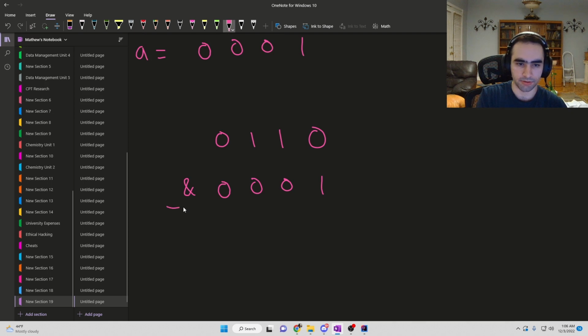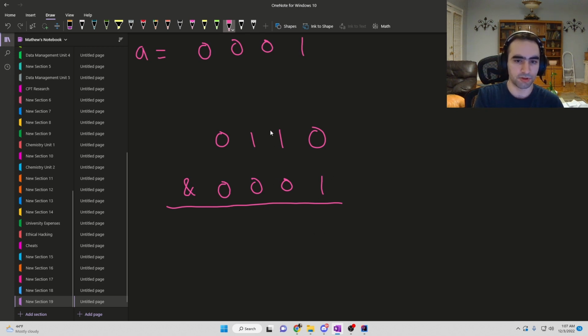So these two numbers, when we AND them, what do we get? If you're unfamiliar with this operation, basically we're going to look at each bit, and if both of the bits are 1, then the output bit will be 1 as well. Otherwise, it's just going to be 0.